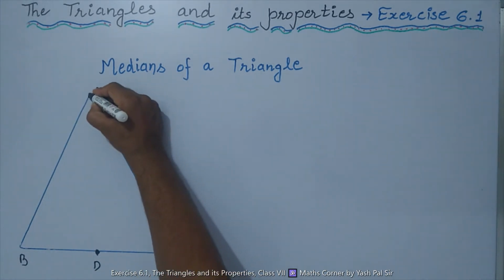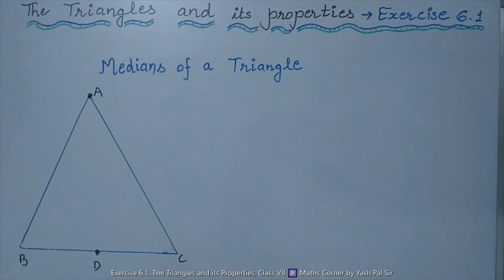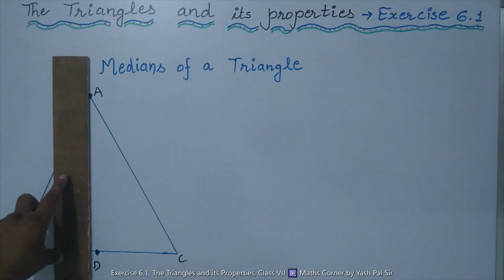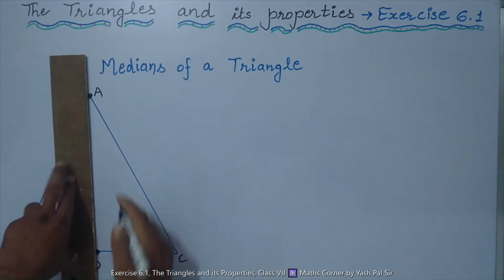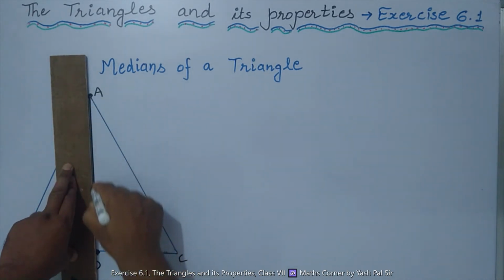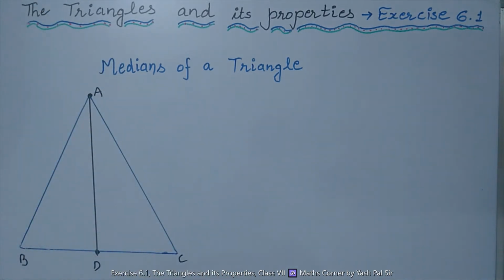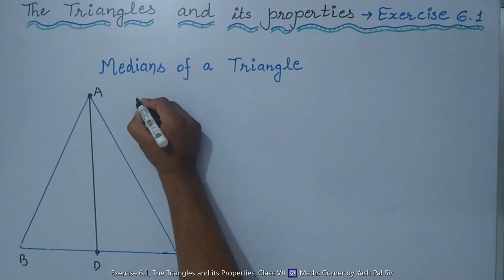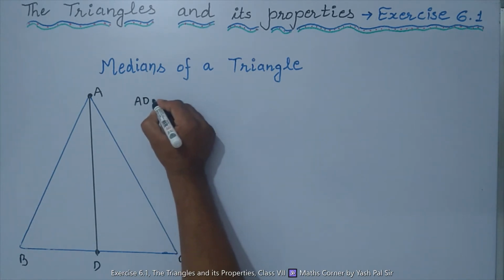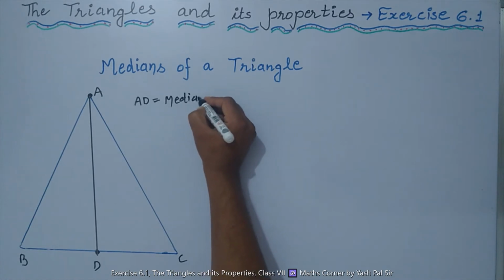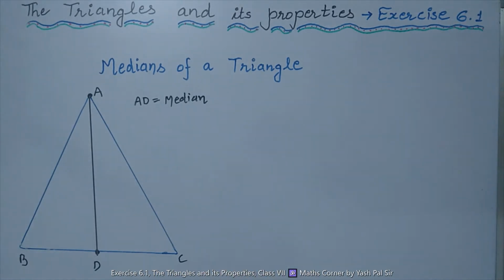This is A. If we join these two points, A and D, this way, we have joined A and D. So AD is called the median of the triangle. The side AD is called the median of the triangle.